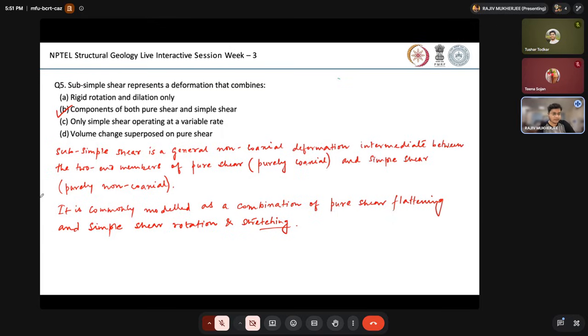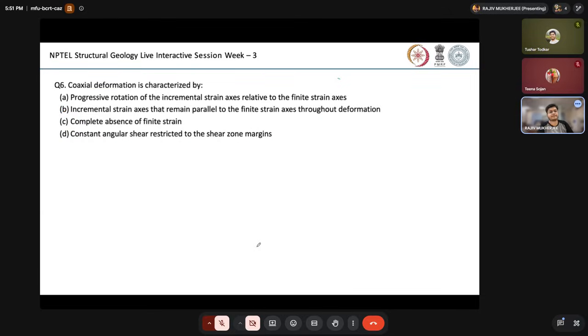Okay, so this was question number 5. So let us move on to question number 6. Coaxial deformation is characterized by, it's fairly easy now. Option A, progressive rotation of the incremental strain axis relative to the finite strain axis.